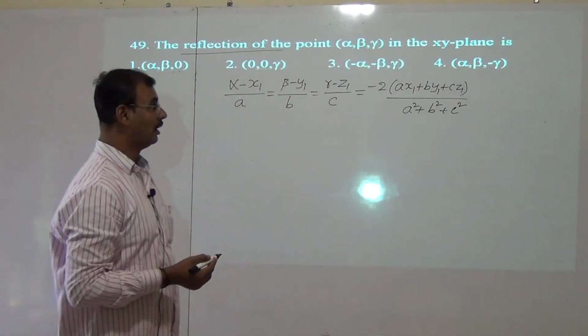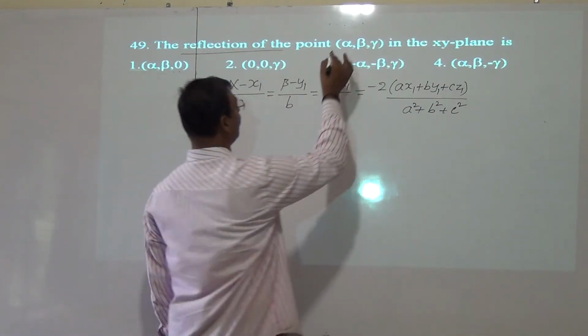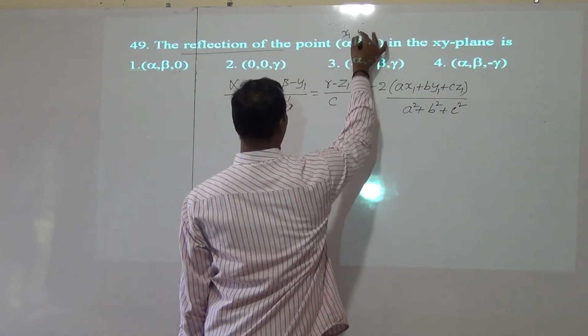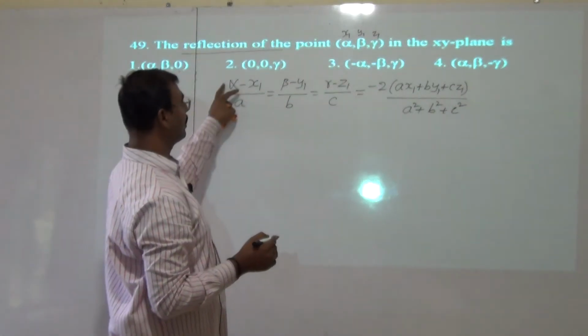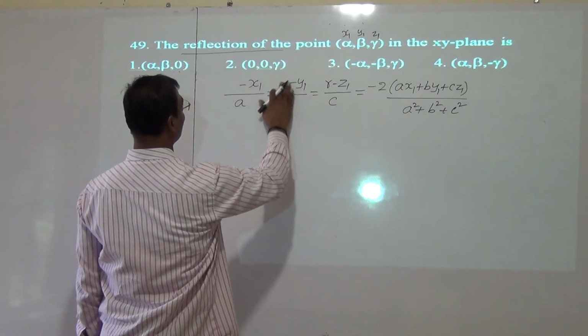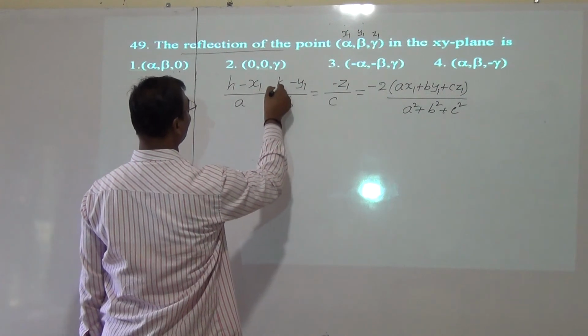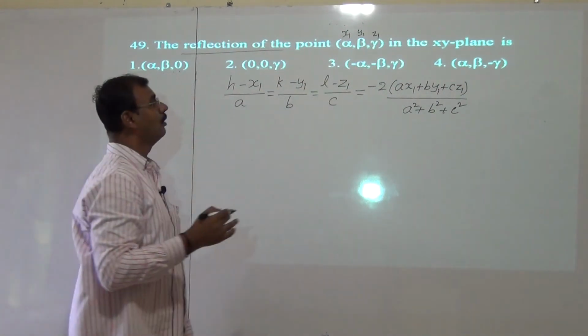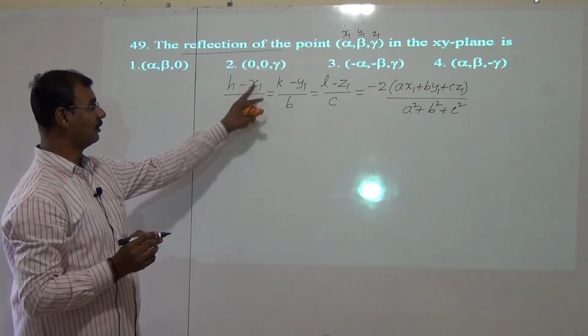Using this formula, the point is alpha, beta, gamma, which is nothing but x1, y1, z1 here. Let us take the other point as h, k, l instead of this one. Don't confuse in this problem. People are confused here only.